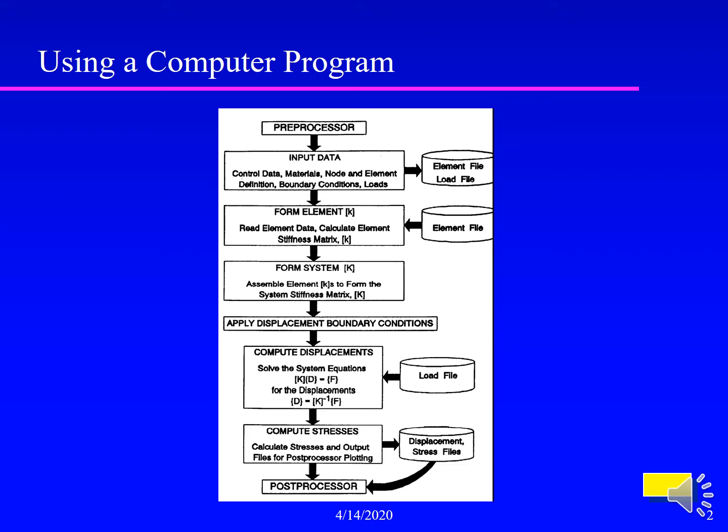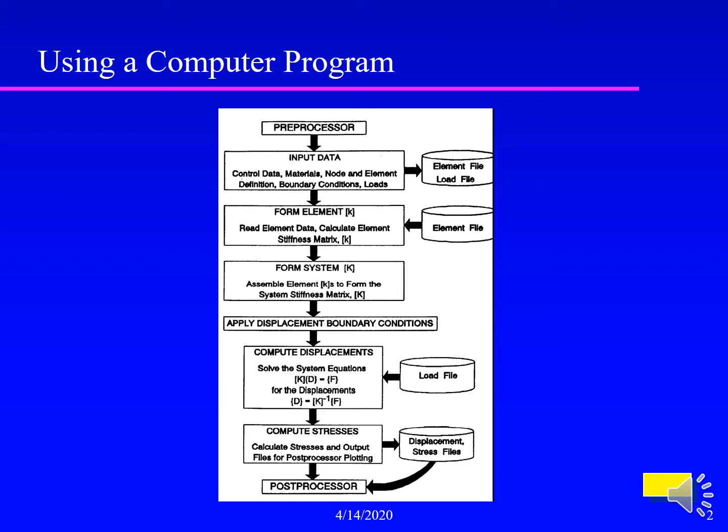Then comes the post-processing, that is, the stresses are calculated. Stresses are calculated from the displacement vector d, and applying various relations we can find out the stresses and strain, and these files are stored as displacement stress files.